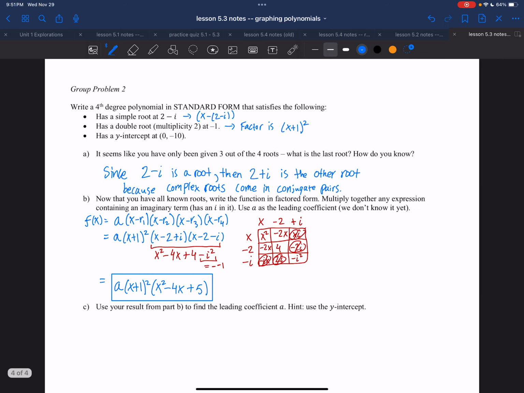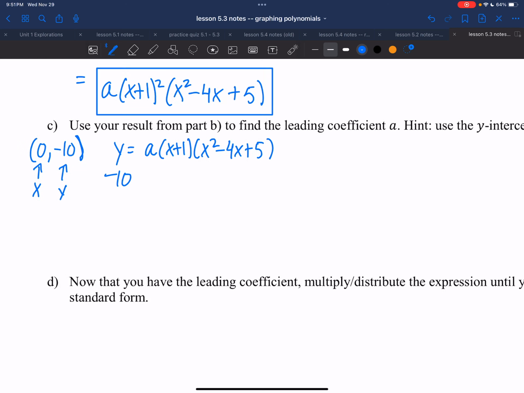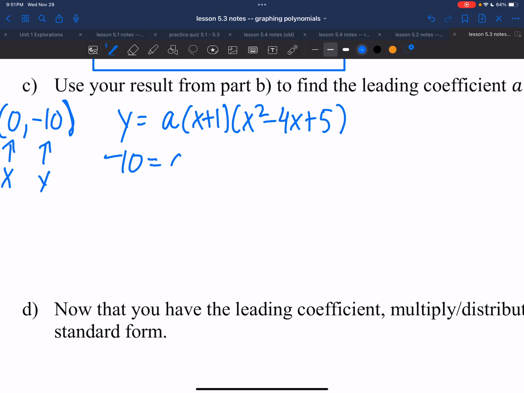Well, you have a point. You know you have a y-intercept at (0, -10). So the idea is y equals a times x plus 1 squared times x squared minus 4x plus 5, where the point is (0, -10), means x is 0 and y is -10. So you do -10 for y, and then just plug in 0 for x.